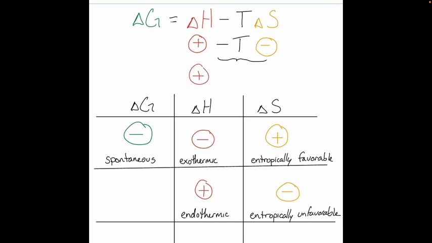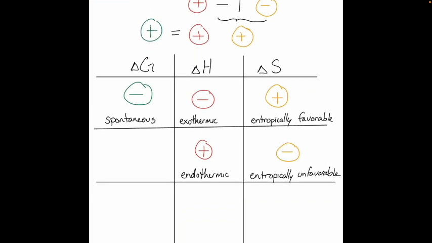Positive. And if I add up two positive numbers, I'm always going to get a positive delta G, right? So this would be an example of a reaction that would be non-spontaneous at all temperatures, right? A positive delta G.